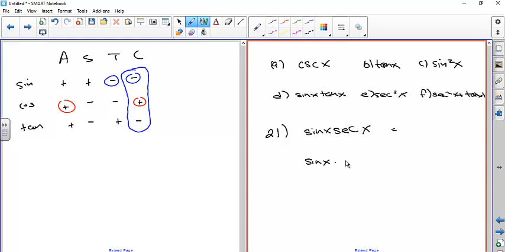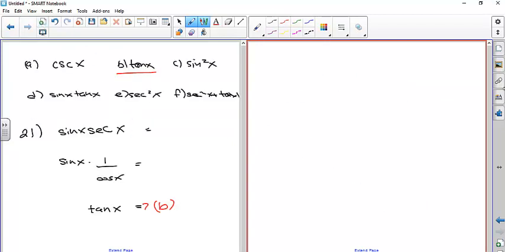So the secant is 1 over the cosine. So that's a reciprocal identity. So then you have the sine over the cosine. That's a quotient identity. That's equal to the tangent of x. And are there any here that are the tangent of x? Well, yeah, this one. So that's B. So 21 matches up with B.